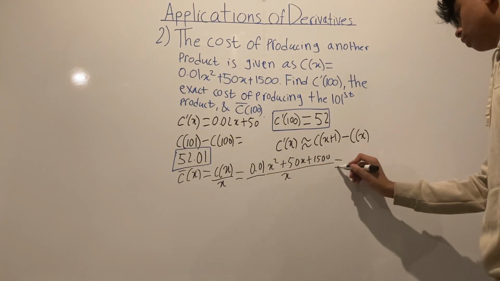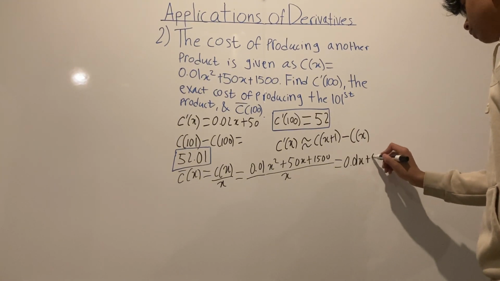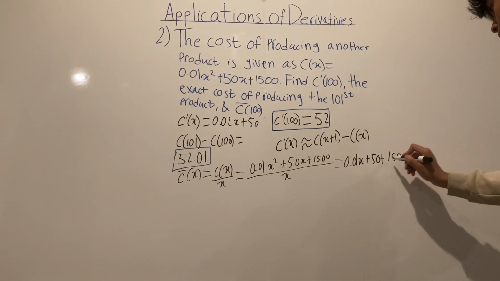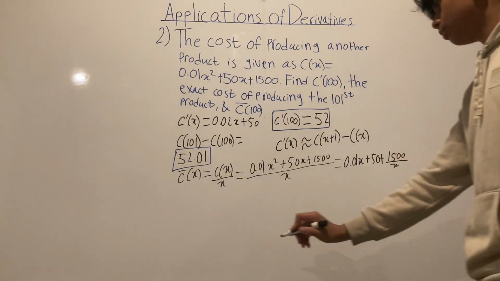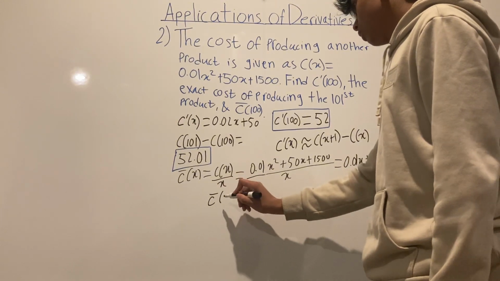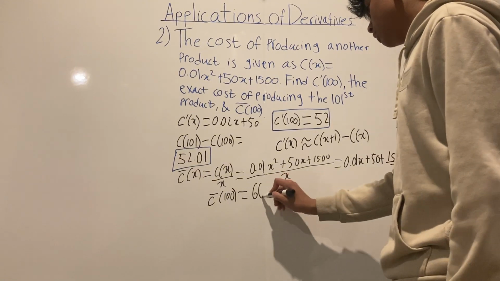And this is just going to equal 0.01x plus 50 plus 1,500 divided by x. Now if you plug this into your calculator as well, you're going to get 66.